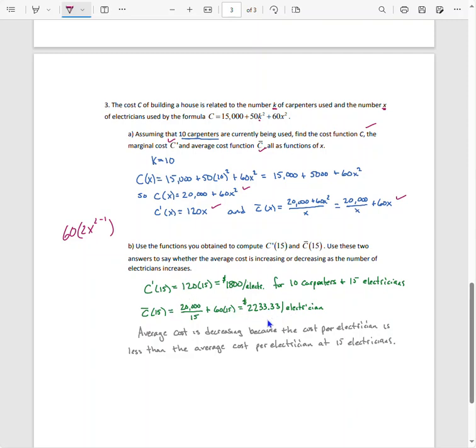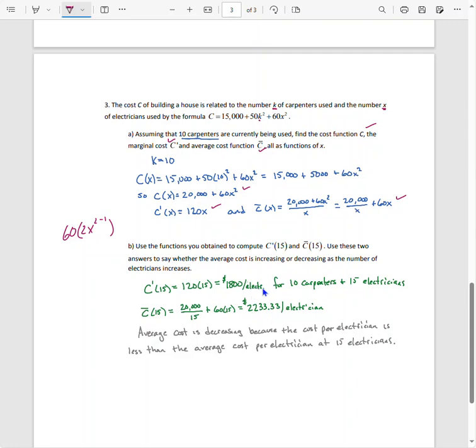Average cost is decreasing. Oh, wait. Use these two answers. I forgot. We had to read the instructions. Use these two answers to say whether the average cost is increasing or decreasing as the number of electricians increase. Now, the marginal cost, it's $1,800 for the next electrician, right? $1,800 to get the next one. So far, these people are averaging $2,200 per electrician.